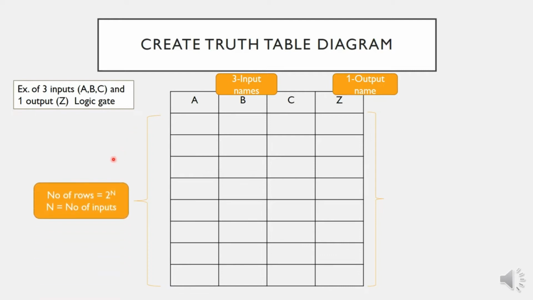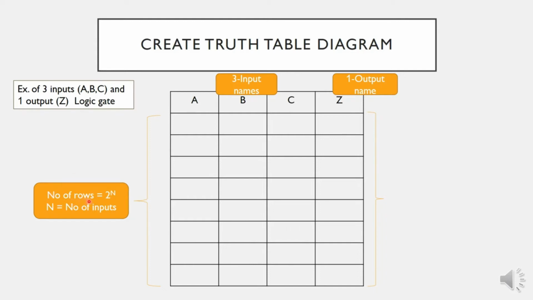The next step is to define the combinations of the input logic. In this case, we want to know how many rows, or how many input combinations, there are. Based on an earlier chapter, we have learned how to determine the number of combinations based on the number of inputs.